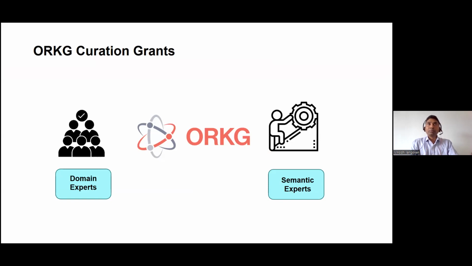So this is a grant program where the researchers are closely involved in also providing suggestions on improving features for the ORKG, which their domain can benefit from. So if you are interested in trying out the Open Research Knowledge Graph, please do look out for the call that would be announced sometime in spring.